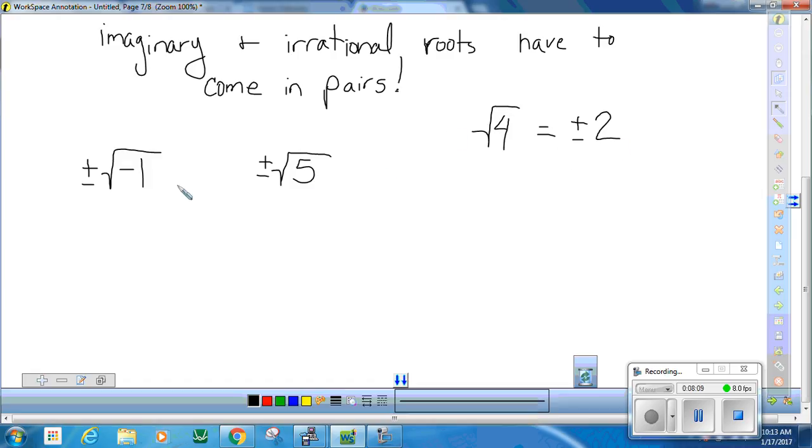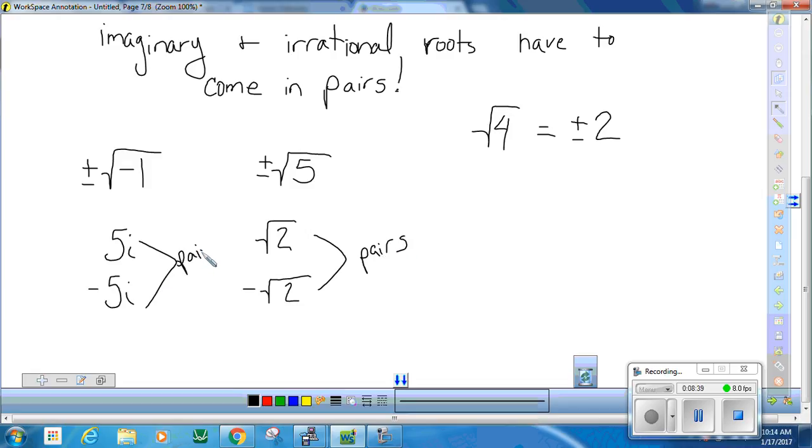So square roots always have two outcomes, which means anytime I get an i answer, I could not have gotten 5i as an answer unless negative 5i was an answer as well. I can't get the square root of 2 as an answer unless negative square root of 2 is also an answer. So imaginary numbers and irrational numbers always have to come in pairs. Now, why would that be important to us?